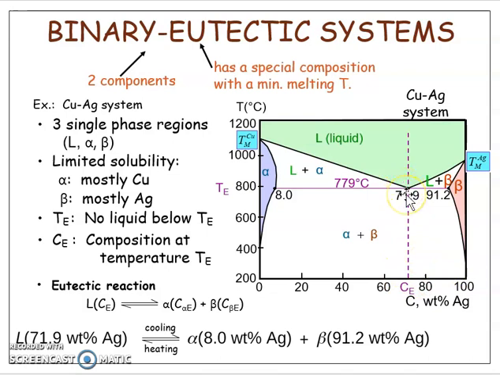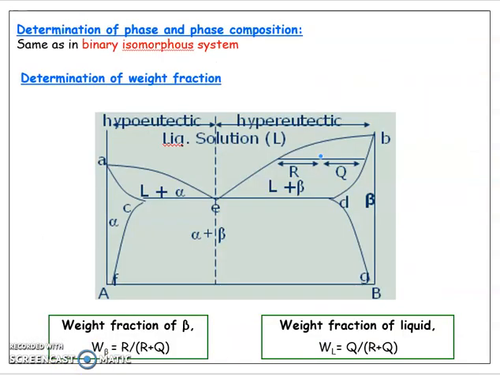So that is how you read this phase diagram. The eutectic reaction is like this: the liquid transforms to alpha plus beta. This is the reaction of the eutectic.